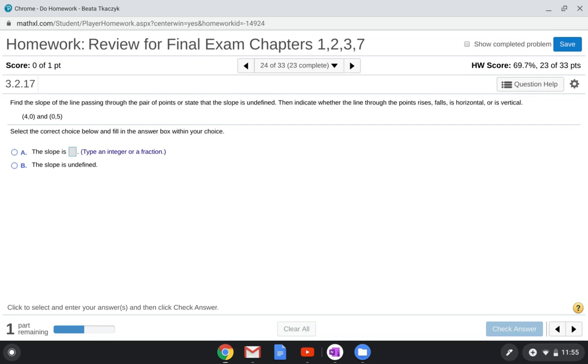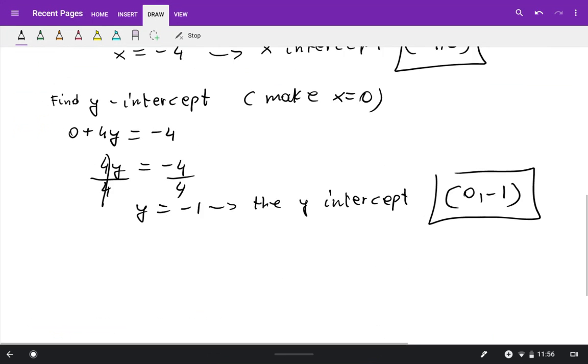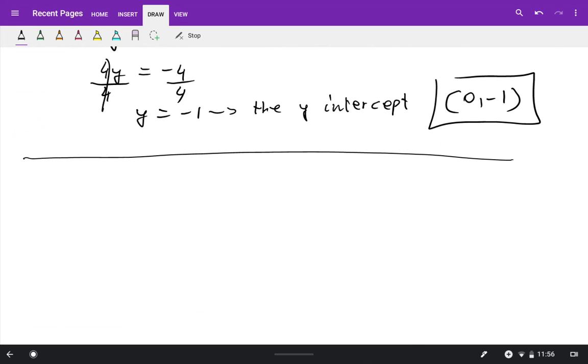Okay, find the slope. So you need to find the slope between the points 4 comma 0 and 0 comma 5. Slope represents the steepness. Let's find that slope. We need to find the slope. The slope formula is y2 minus y1 over x2 minus x1. The first point, label with x1, y1.